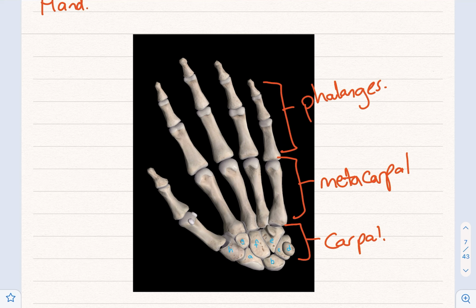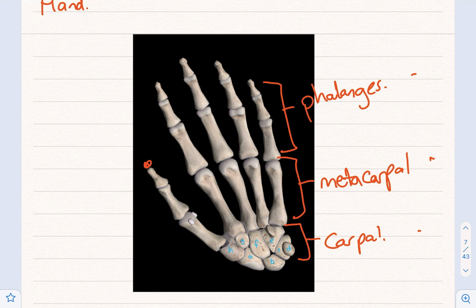So when you're feeling, for example, the bones in your hand, i.e. where your palm is, that's the metacarpals. If you're feeling your wrist, all of those bones in there, carpal bones. If you're feeling your fingers, phalanges. And this is obviously your thumb.